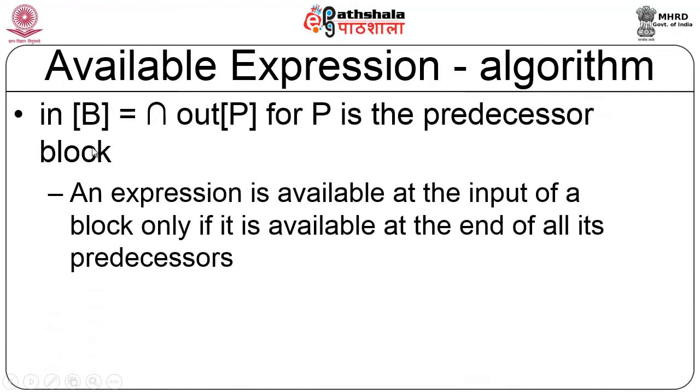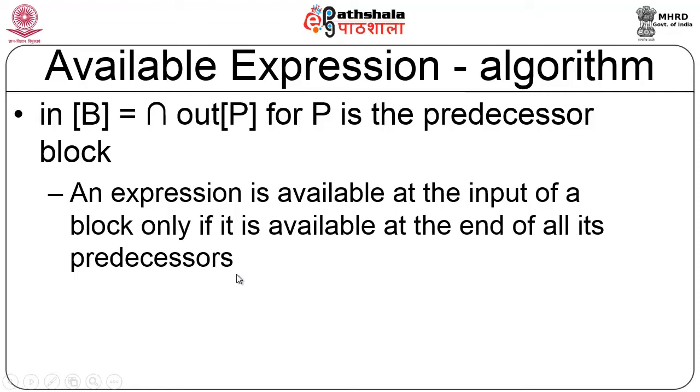Now, in of B is computed as the intersection of out of P for P being a predecessor block. This is against the earlier one where we had union. It means that an expression is available at the input of a block only if it is available at the end of all of its predecessor blocks.